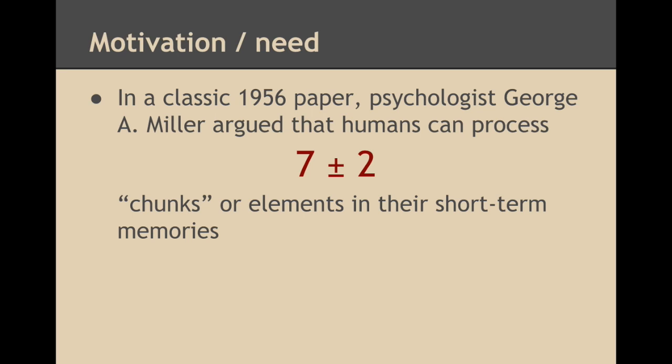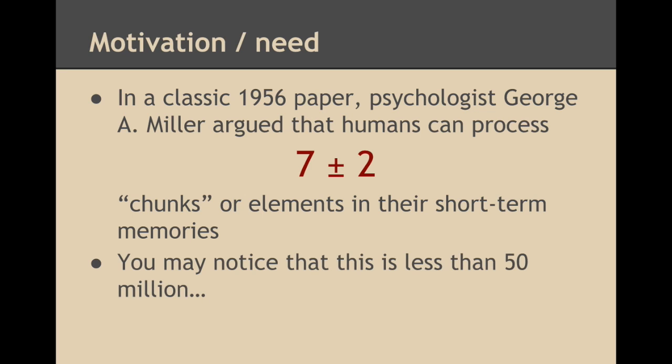Really that's the number of things that we can focus on at a time. So 5 to 9, somewhere in that area. You may notice that that's significantly less than 50 million. So we just don't have the mental capacity to truly understand software, particularly large modern software.